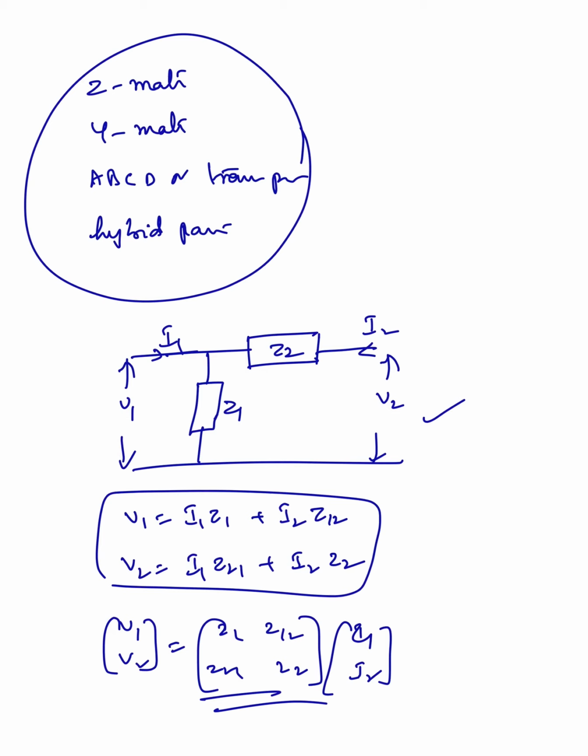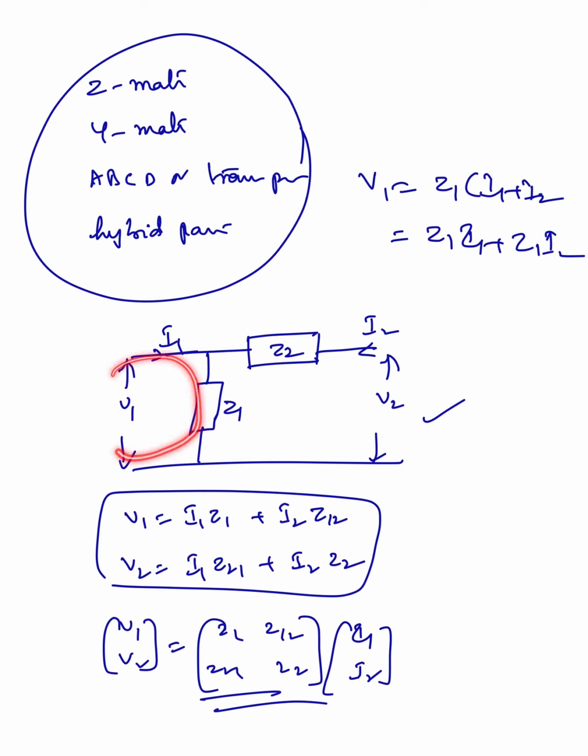So coming to this, write the equations of V1 and V2 in terms of I1 and I2. Now here, what is V1? The currents I1 and I2 are flowing into the Z1. So therefore V1 equal to Z1 into I1 plus I2, that is Z1 I1 plus Z1 I2. Now what is V2? Write KVL.